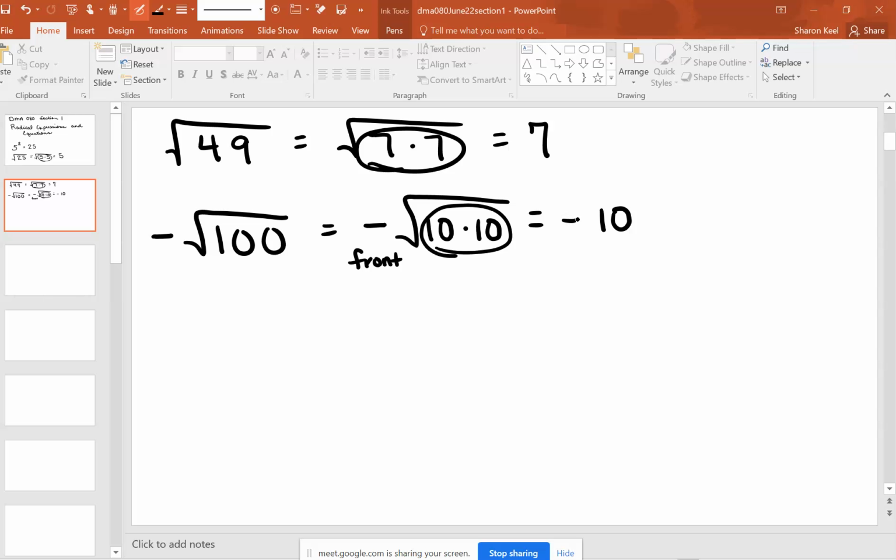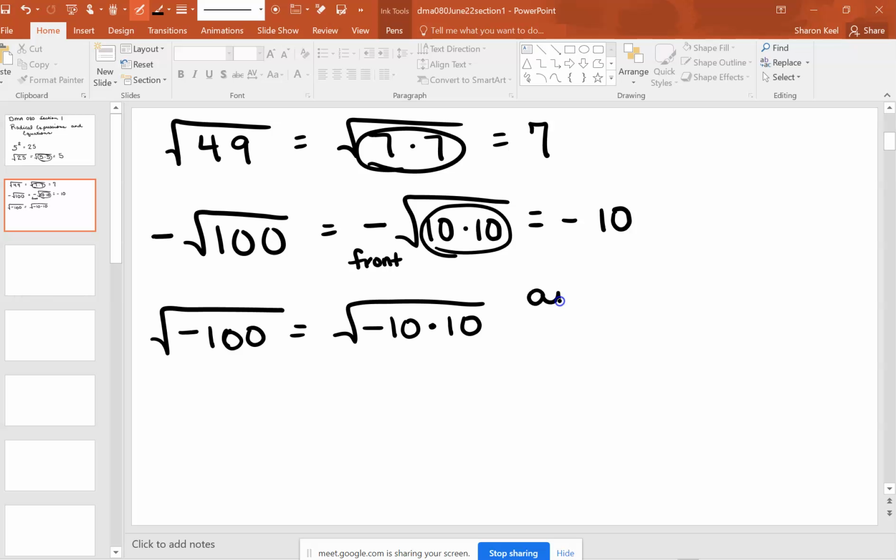However, if I were to give you a negative 100 underneath, this would technically be negative 10 times positive 10. There is not a pair of matching numbers, so the answer for this, we would say, is not a real number. Now let me forewarn you, because I don't ever want you to think I'm telling you a story.